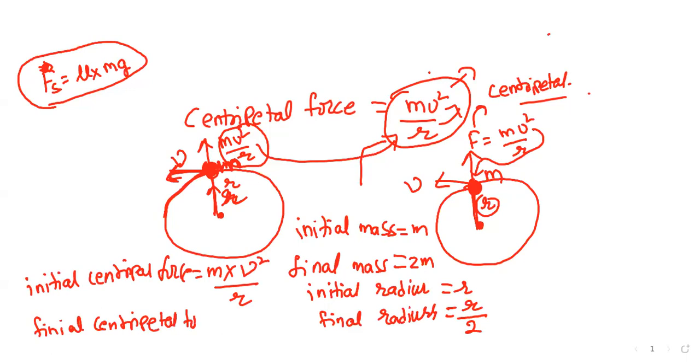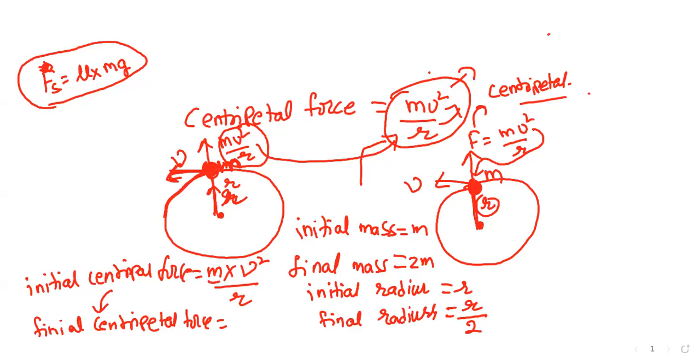If its initial centripetal force is mass times its velocity square upon r, then what would be its final centripetal force? Like the final equation? Yeah, it's just a final equation.